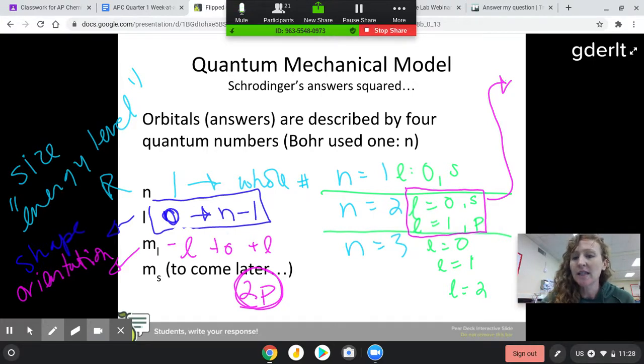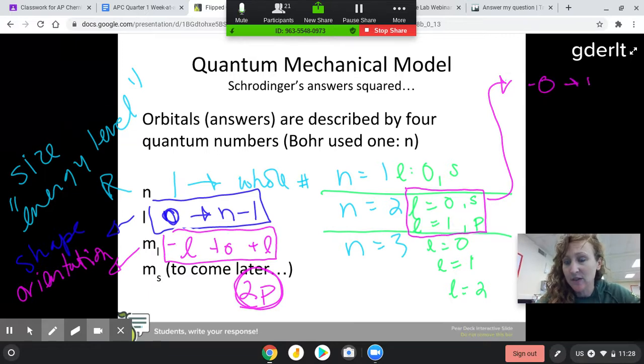So for L equals 0, for example, our sphere, our M sub L can be anything from negative L to positive L, which means negative 0 to positive 0, which doesn't give us anything really besides 0. Our possible M sub L for our sphere in the second energy level has 1 orientation value.